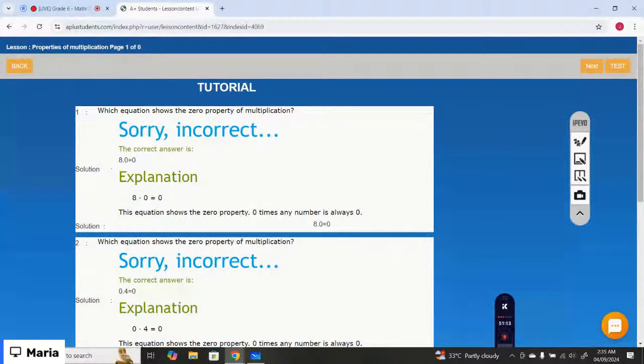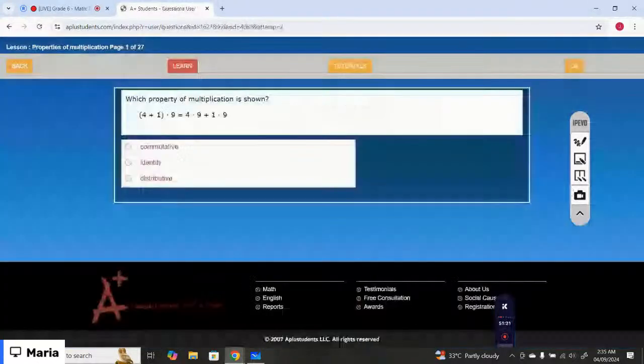Let's just start with the test questions. Okay, which property of multiplication is shown? 4 plus 1 times 9 and 9 plus 4 times 9 plus 1 times 9. Which property is it? Commutative, identity, or distributive?